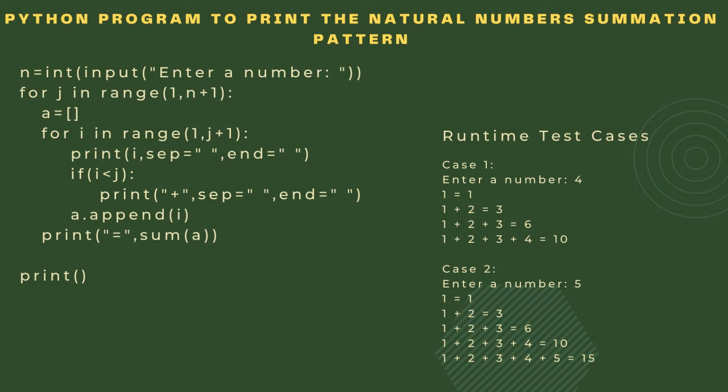The outer for loop enables j to range between 1 and n, as n plus 1 is not included, while the inner for loop enables i to range between 1 and j. 3. For each iteration, the value of i is printed. 4. Plus operator is printed only if i is less than or equal to j.